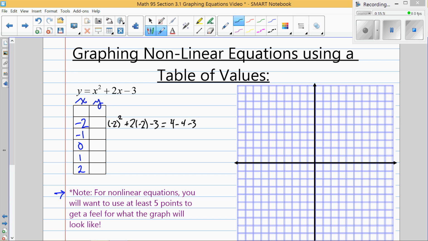These two cancel out, and I'm just left with a negative 3. For the next one, I'm going to do a negative 1 squared plus 2 times negative 1 minus 3. A negative 1 squared gives me a positive 1. This gives me a negative 2 minus 3. So I get a 1 minus 2 minus 3. It gives me a negative 4.